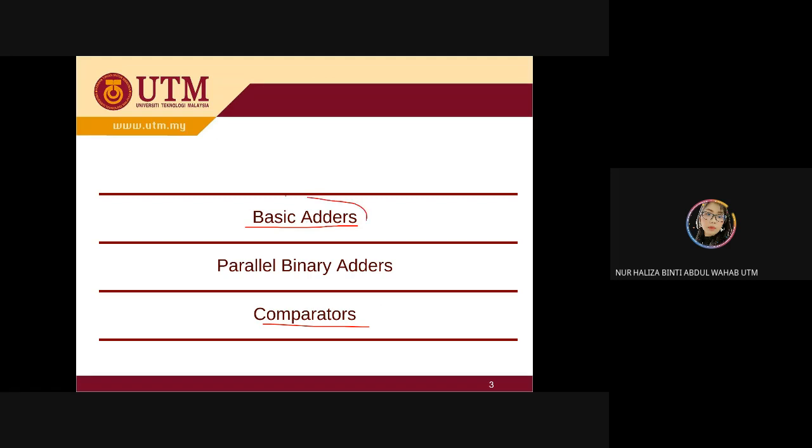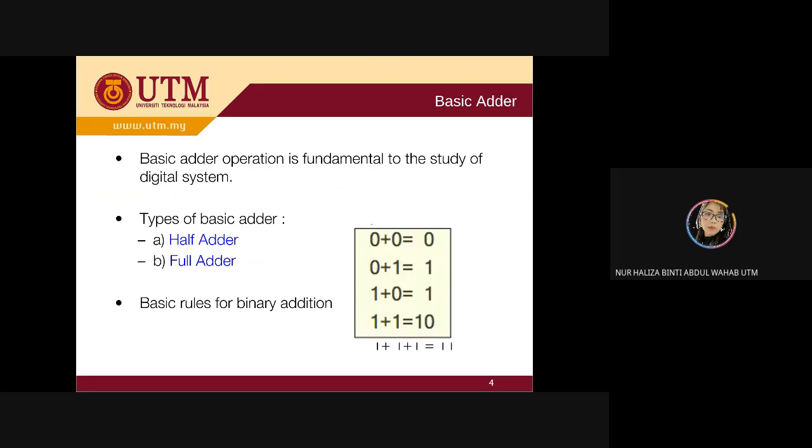Before you go to the parallel binary adder and comparator, you need to learn the basic adders, which are half adder and full adder. You can see there are 2 types of basic adder, which are half adder and full adder.